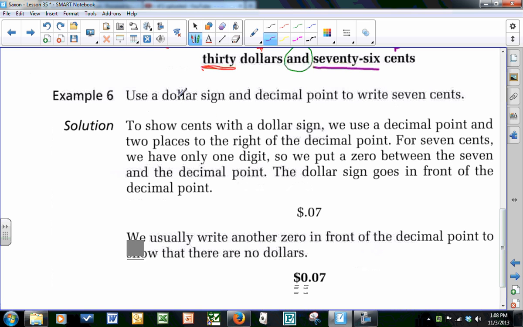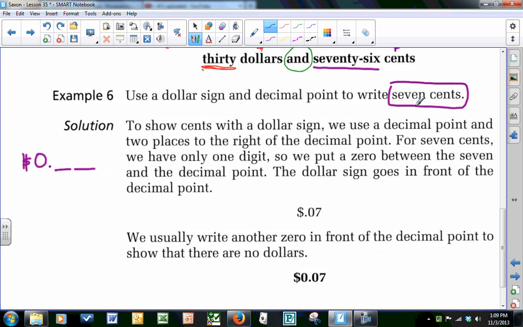Here they want you to use a dollar sign and a decimal point to write 7 cents. So you have to have a dollar sign, and you don't have any dollar bills. You just have 7 pennies or a nickel and 2 pennies. So you're going to put your place value holder, 0, and then the decimal point. And you have to have, remember, 2 digits after the decimal.